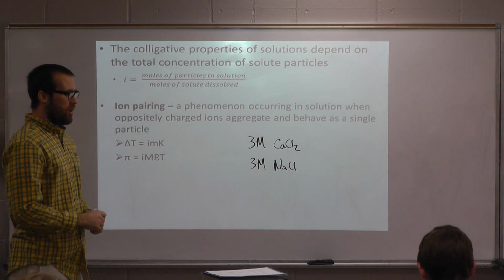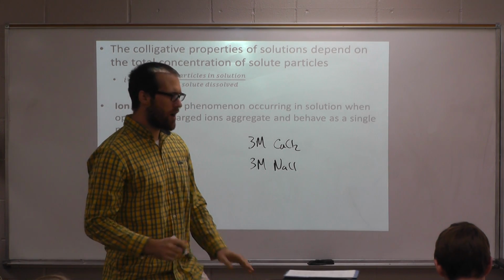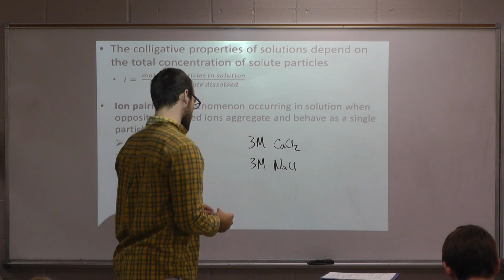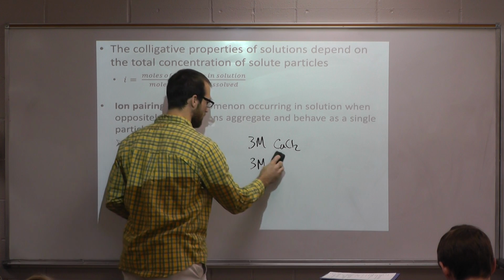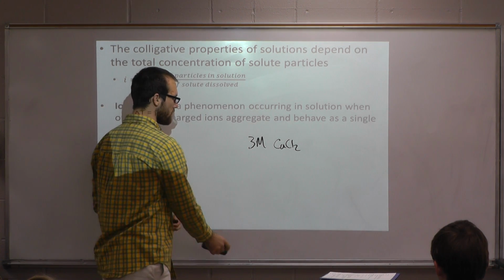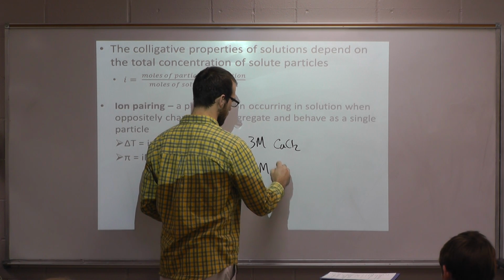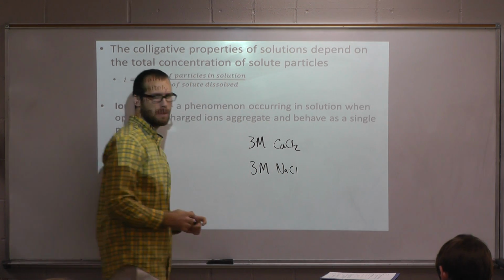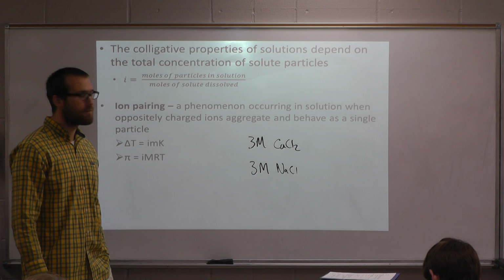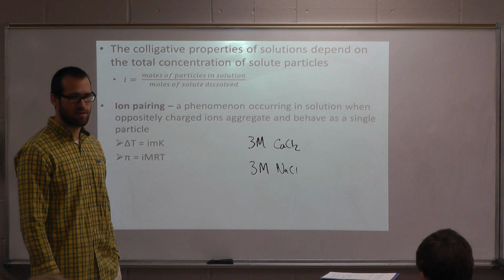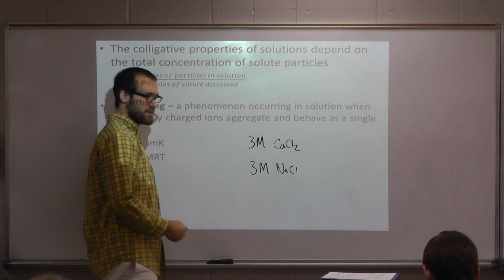Now, where does this come into play, and is this always the case? Wait, wouldn't that one be 2? Why is it 3? Because that's the concentration of the whole thing. You're not saying it's the i.